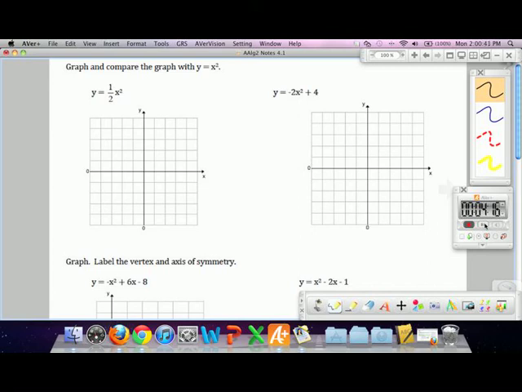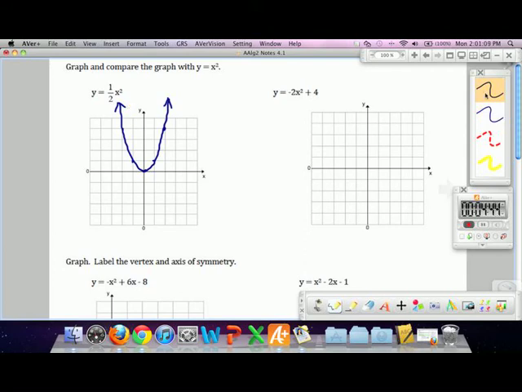So if the parent function is drawn in blue here, then our new function should be half as tall everywhere for every x coordinate.